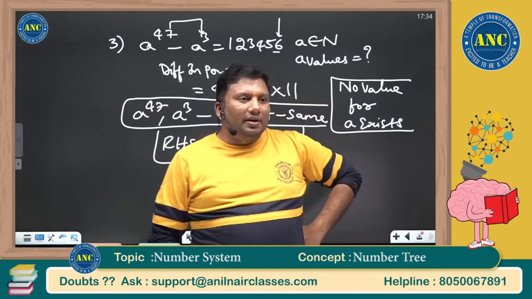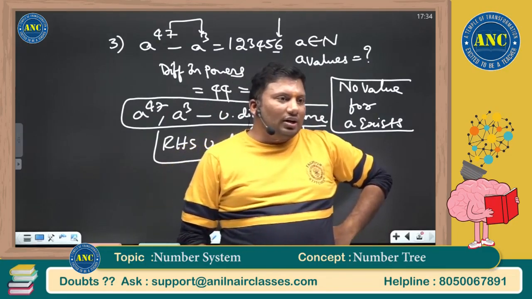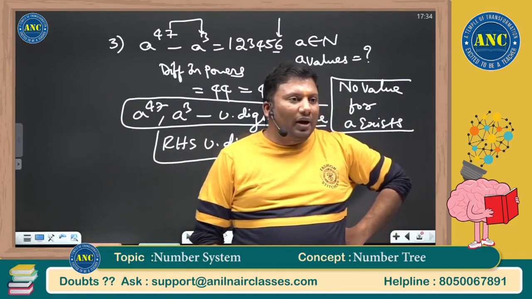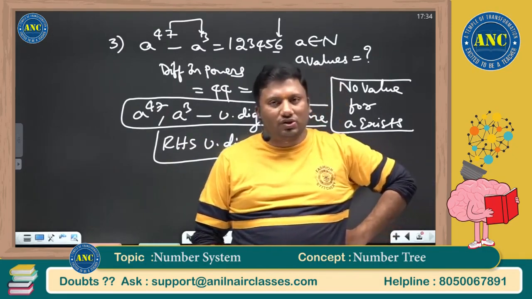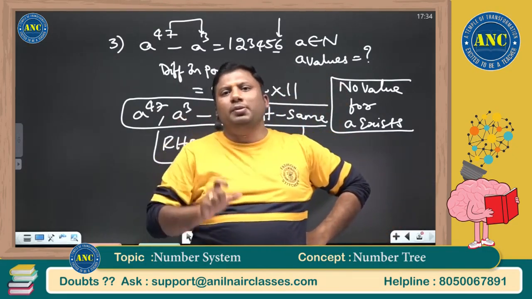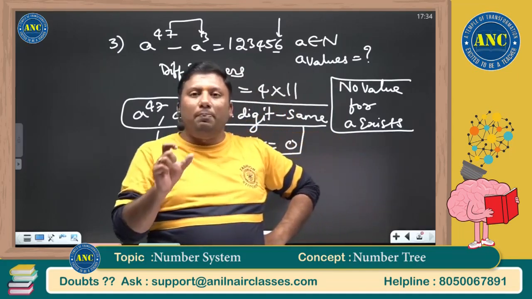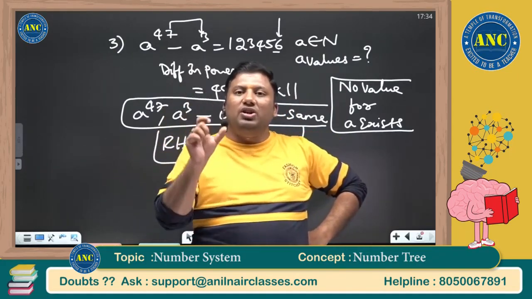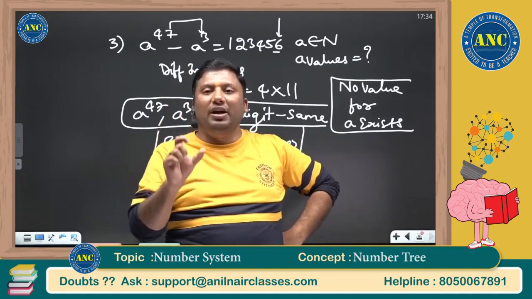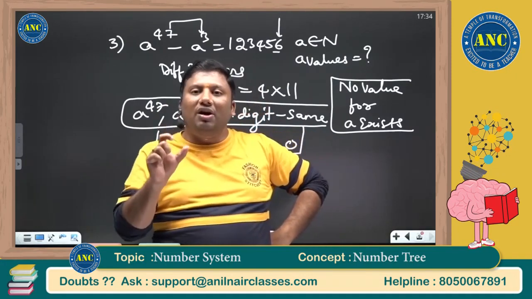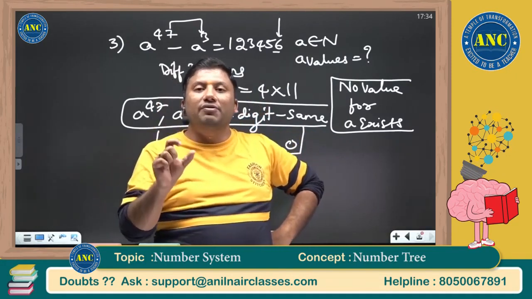Now let me see the live chat. Full entertainment says prime number cyclicity is p minus 1. I will just change the statement for you. Fermat has proposed that for a prime number the generic cyclicity is p minus 1. Sometimes a factor of p minus 1 will also give you the answer.